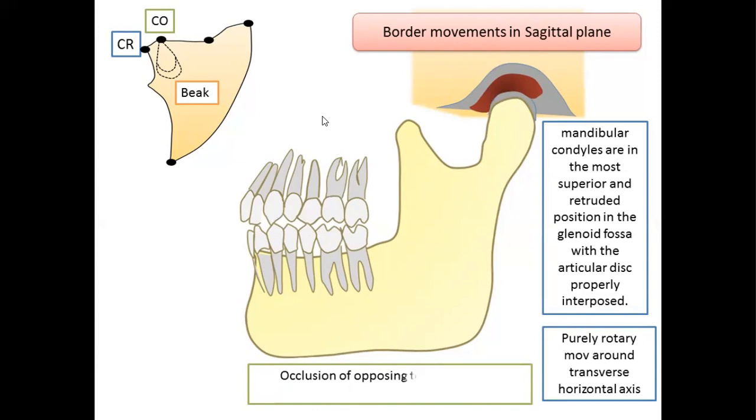So it is like working out the muscles, so that they become overstretched and tight, and the condyle gets adapted to a newer position. So it is a way to train the condyle to a new position. Likewise, you also relieve the centric occlusion and centric relation discrepancy.